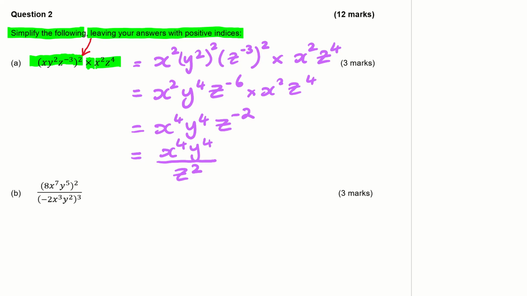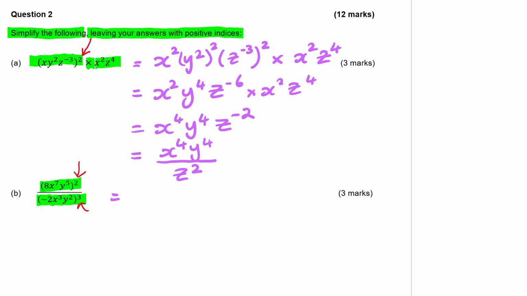Okay, the next one has (8x⁷y⁵)² over (−2x³y²)³. And once again, that squared applies to everything inside the bracket. That cube applies to everything inside the bracket.